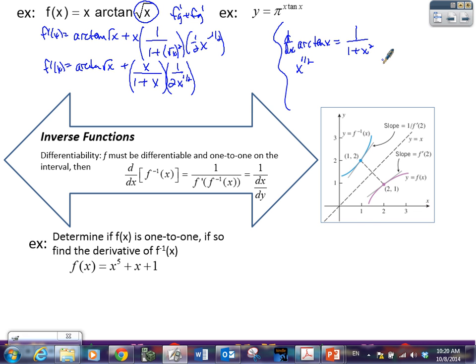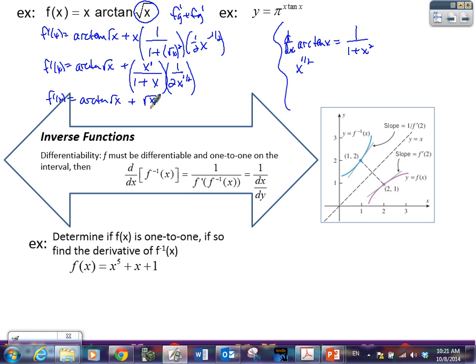Okay, so in simplifying these two guys right here, I have x to the first and x to the 1/2. So hope we can see what that would leave us, right? X to the 1/2 on top. So that f prime of x is going to be arctangent root x plus x to the 1/2.